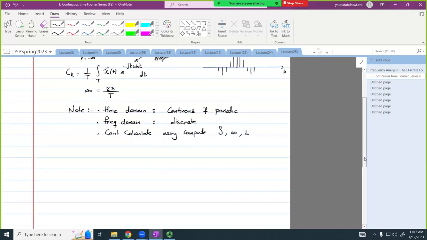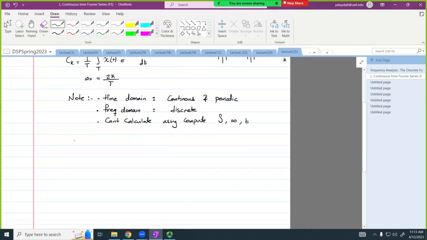The second transform that we will encounter is the continuous time Fourier transform. As we said before, we use the Fourier transform when the signal is continuous in the time domain and it is aperiodic.